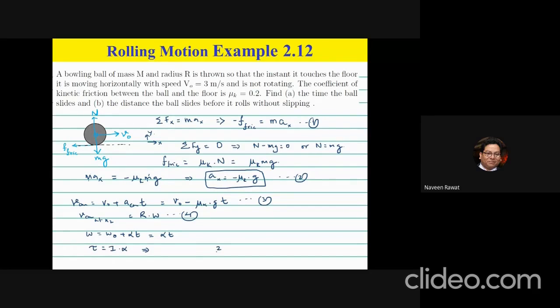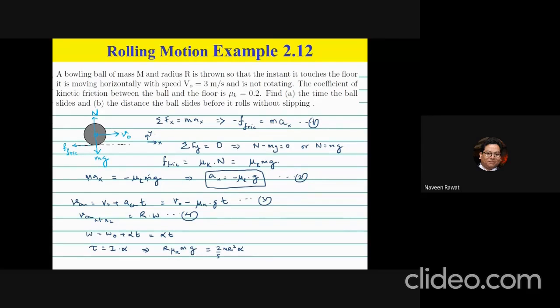So 2 by 5 m R square times alpha is the right hand side, and the left hand side will be R cross F. So you have R, and what is the value of force? Force is mu_k times m g. So mu_k, which we found earlier, times m times g. So that is the value.